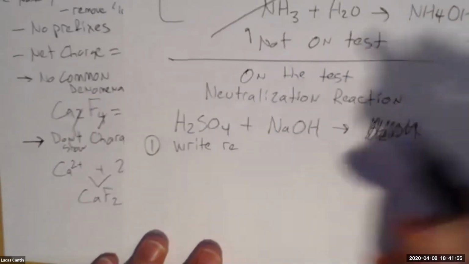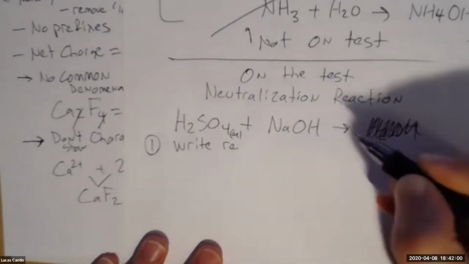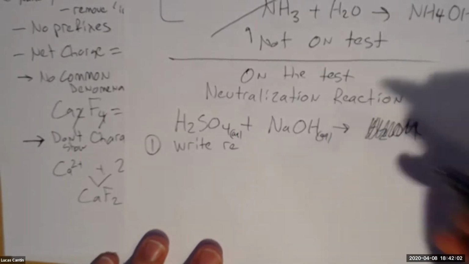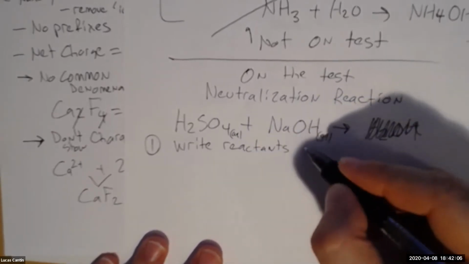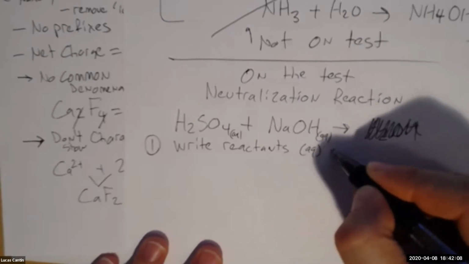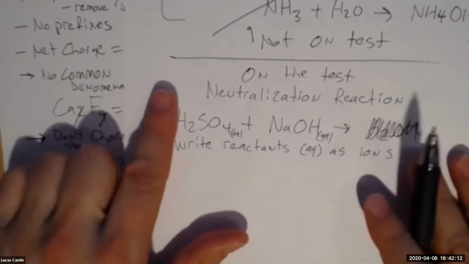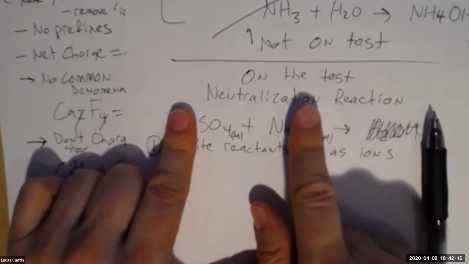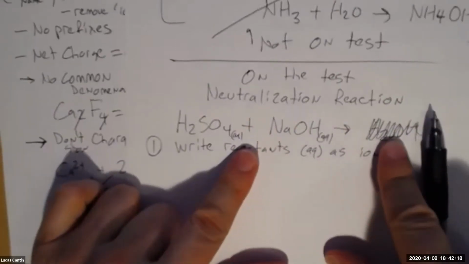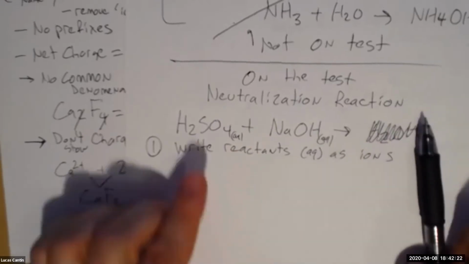You want to write reactants that are aqueous as ions. Both of these are aqueous: this is an acid, it's aqueous, and this is a base, probably aqueous. So I can't just take the hydrogen, the cation part, with the anion and make H2OH, and I'm not going to have NaSO4 either, or SO4Na.